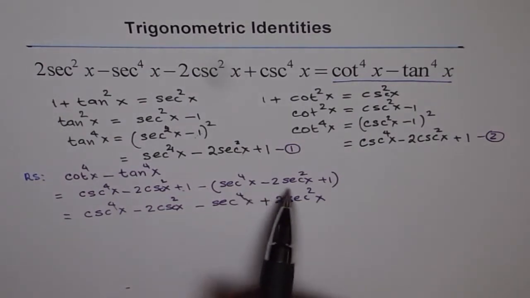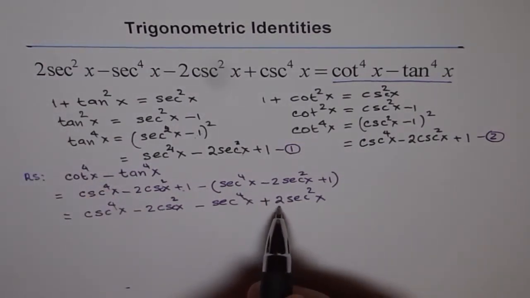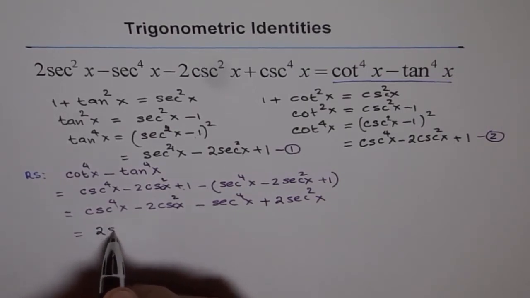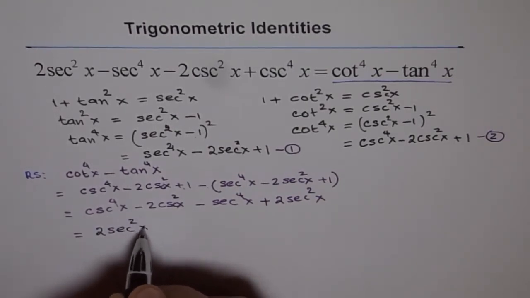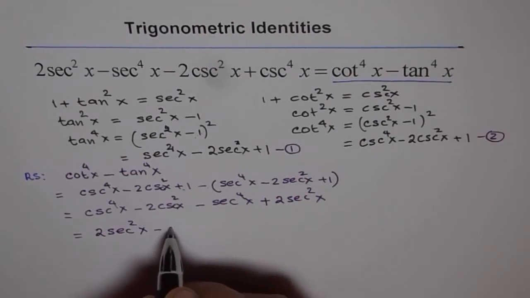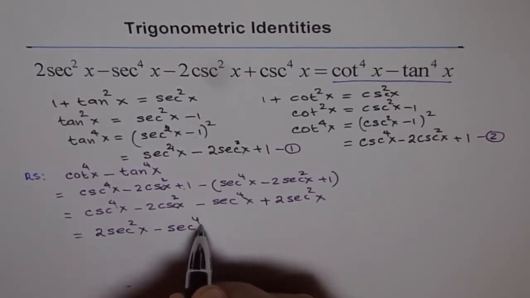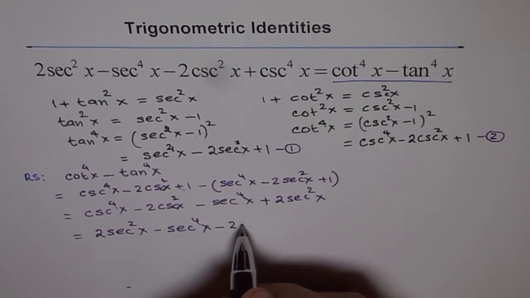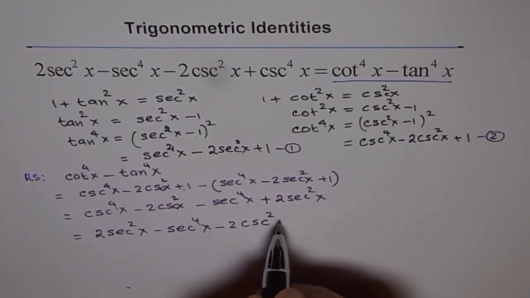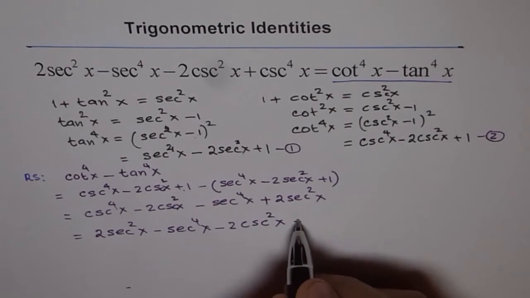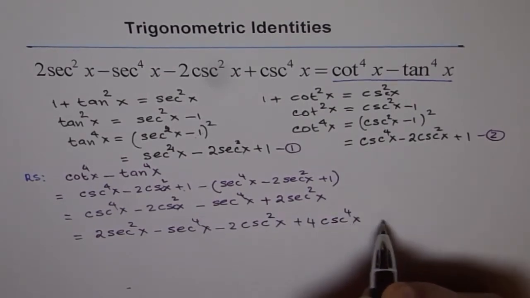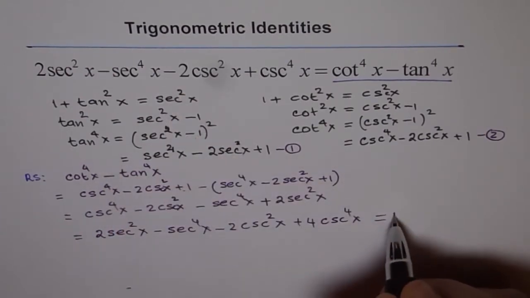Now we can reorganize as written here. 2 secant square x minus secant to the power of 4x, and then we write minus 2 cosecant square x plus cosecant to the power of 4x, and that is the left side, correct?